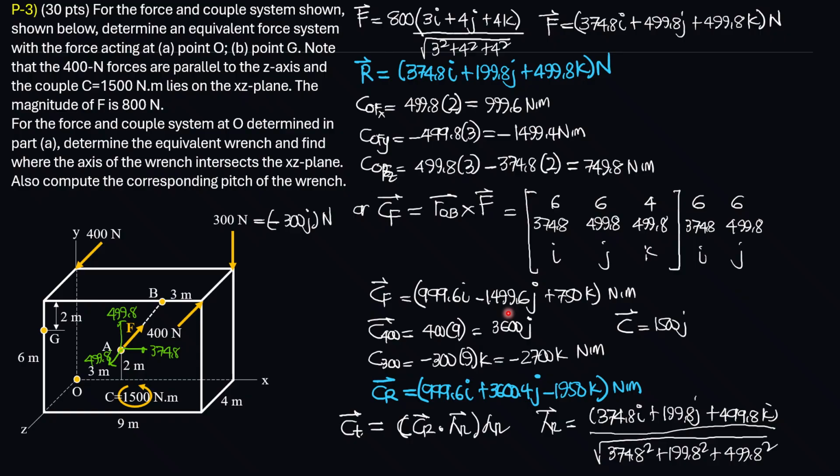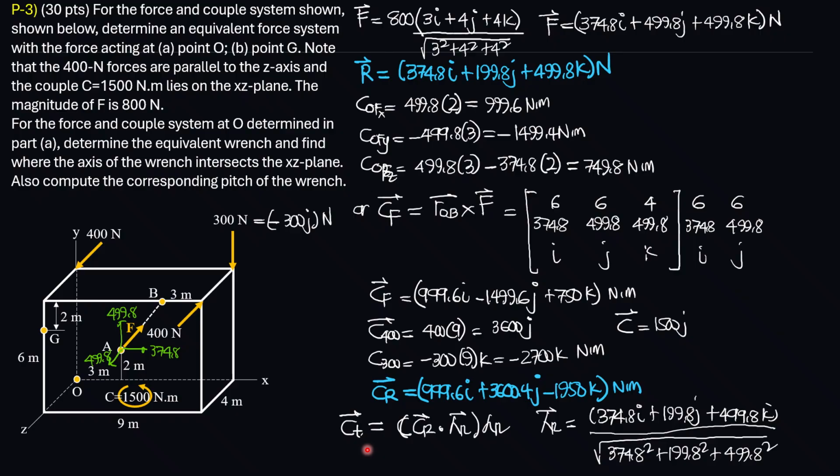Then for j, negative 1499.6 plus 3,600 plus 1,500. That's 3,600.4. Then for k, 750 minus 2,700. That's negative 1,950 k Newton meter. So therefore, the resultant couple is equal to this expression.